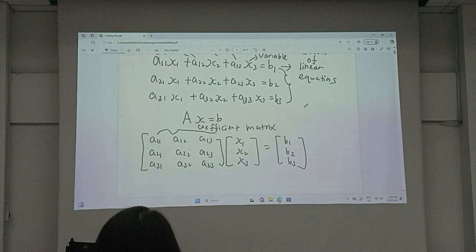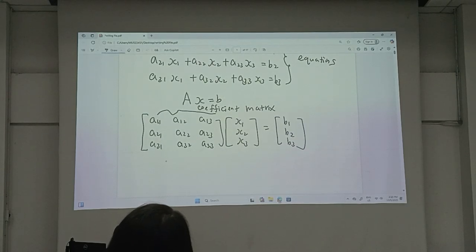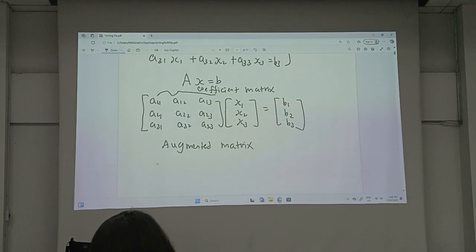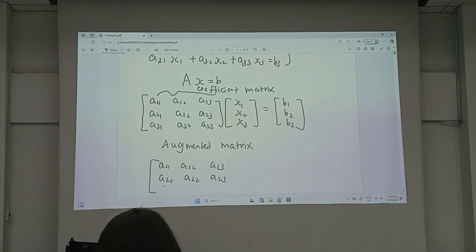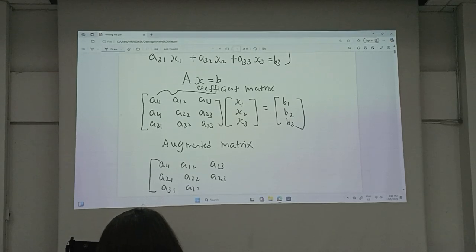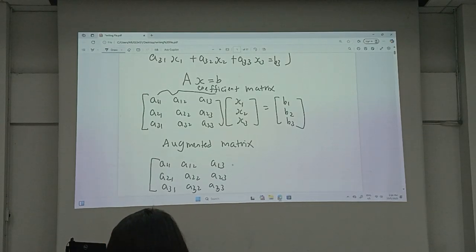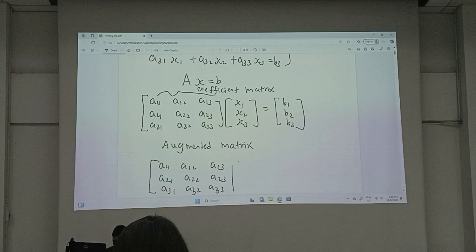In order to solve it, normally we convert it into an augmented matrix. So what is an augmented matrix? An augmented matrix is the coefficient matrix together with all the b values.